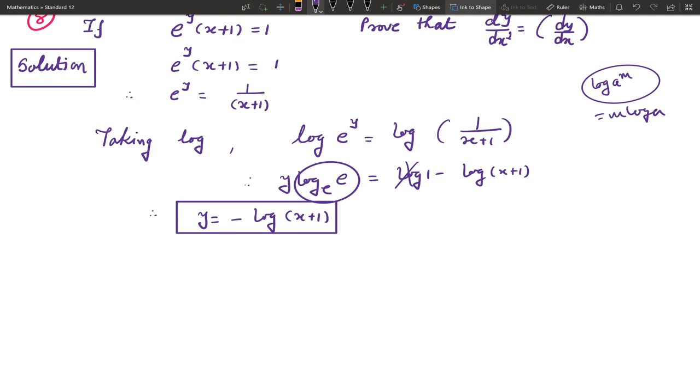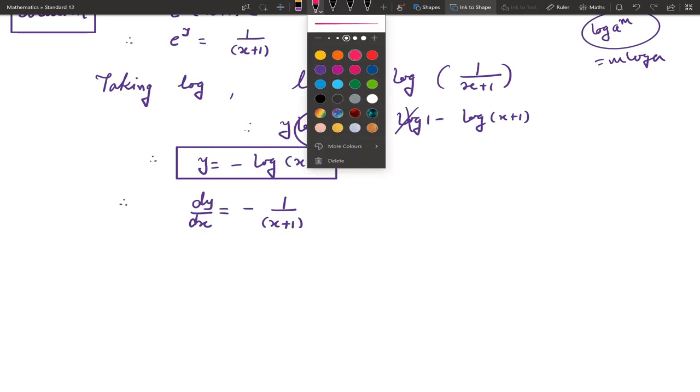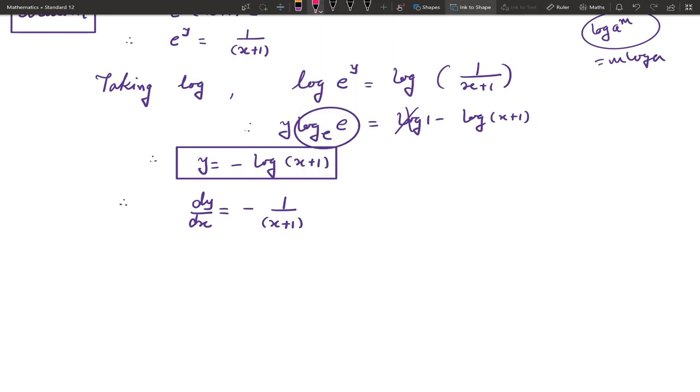Now we differentiate. Therefore dy by dx: the derivative of log is 1 upon (x plus 1) into, by chain rule, d by dx of (x plus 1), but it is 1. So this is dy by dx.